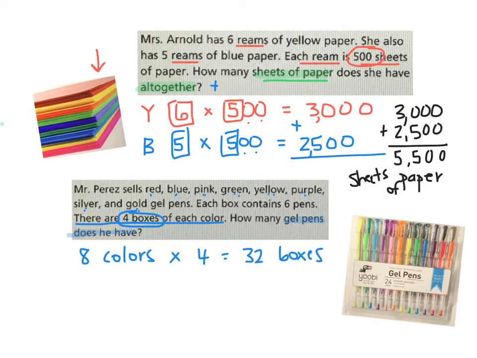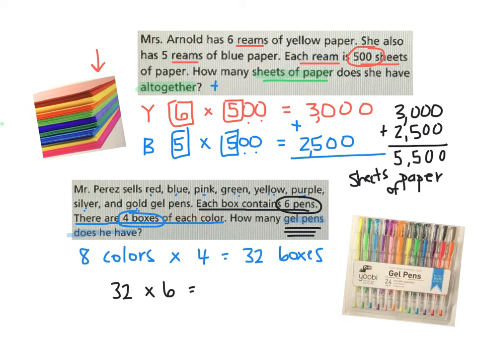Then it said, again, so we're almost there. We're almost to the final answer, because notice here it says how many gel pens, not how many boxes, but we're so close. Because earlier in the problem, it said each box contains 6 pens. So if I have 32 boxes, I can take that times 6 pens to figure out how many pens he has in all.